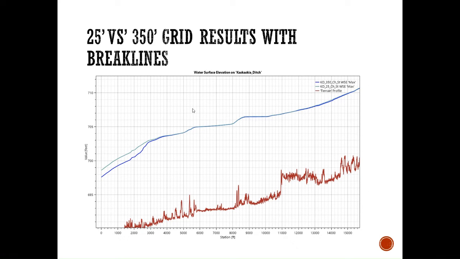So now looking at the comparison of the 25-foot versus 350-foot meshes with the break lines, what we can basically see from this is that using a nominal 350-foot mesh pretty much produces the same results as a higher resolution 25-foot mesh when we've enforced break lines for the channel and the banks and the structures.